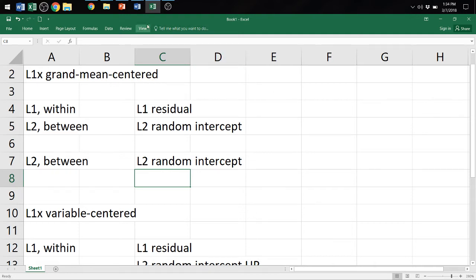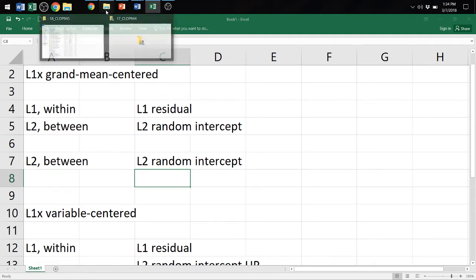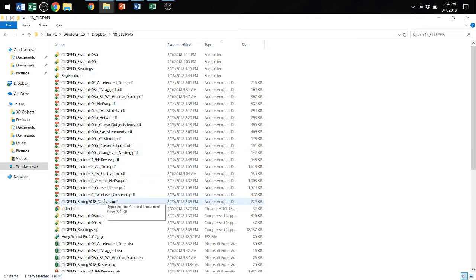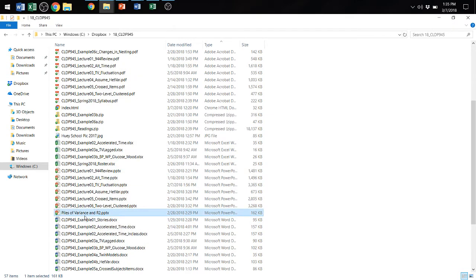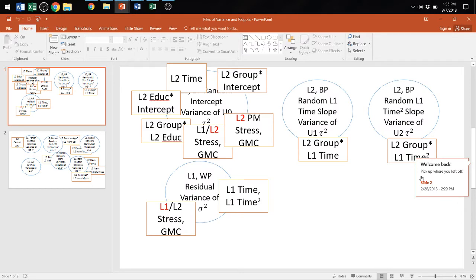We talked about this with spur-of-the-moment PowerPoint demonstration last week. Do you remember that? Fun with PowerPoint? It works more reliably than the markers in this room. Let me get that out. Piles of variance and R-square. Yes, remember this?